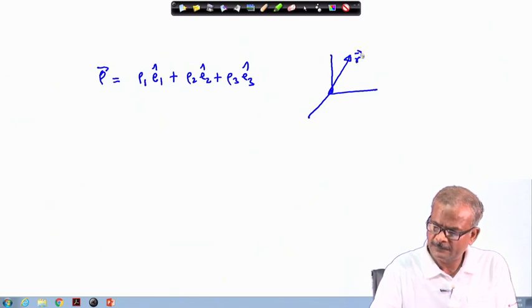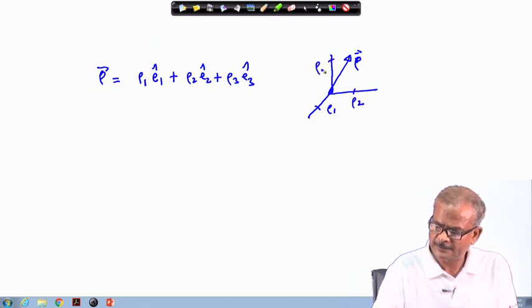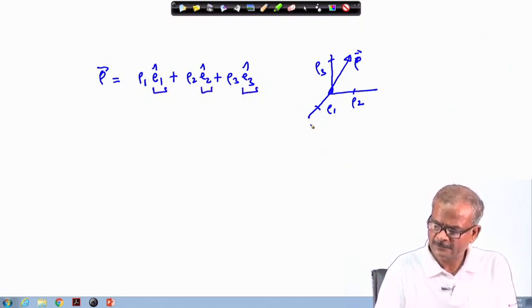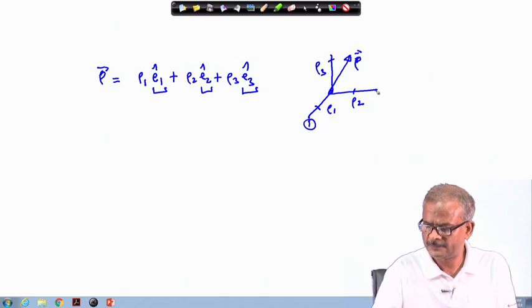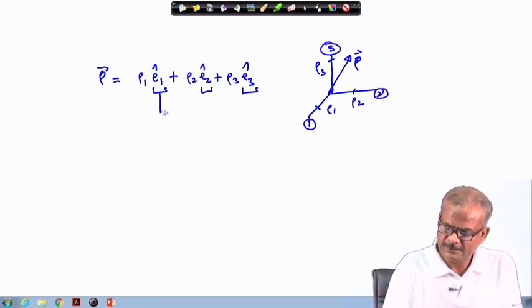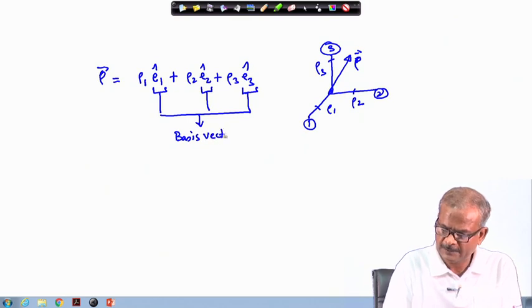So, along this direction you will have rho 1, along this direction rho 2 and along this direction rho 3, and e 1, e 2, e 3 are the unit vectors along the corresponding directions: direction 1, direction 2 and direction 3. These three are termed the basis vectors.